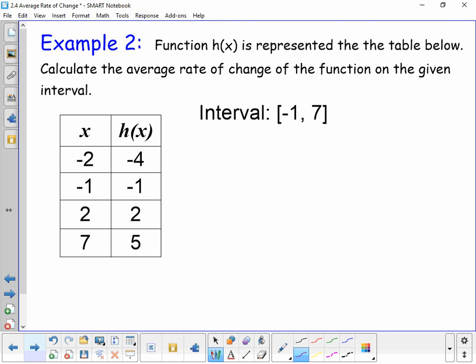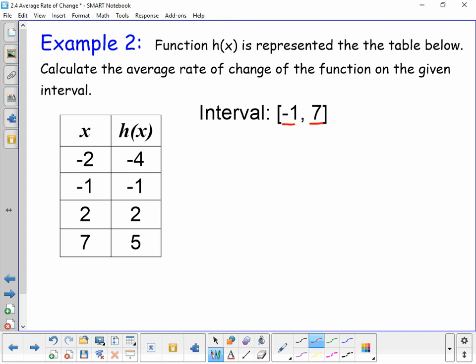Okay, now we're going to switch over to, instead of finding an average rate of change from a picture of a function or a graph, we're going to look at what the average rate of change is for a function when we're looking at a table that represents that function. So for function h of x, we're interested in the average rate of change over the interval from -1 to 7.